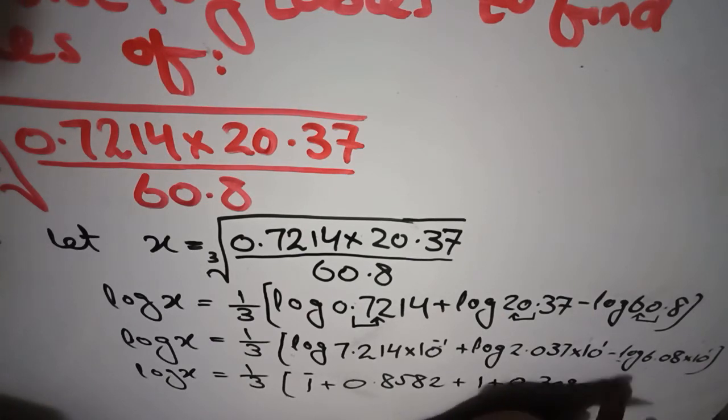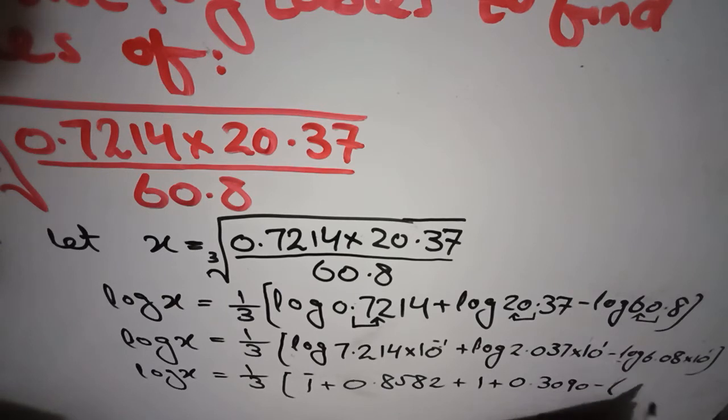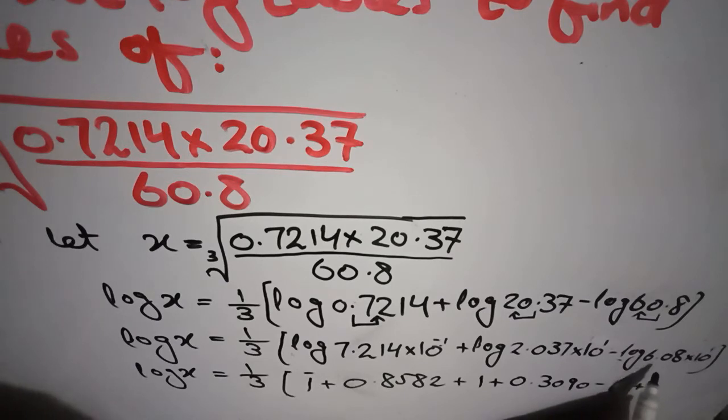Okay, let me write it in the bracket, that will be easy for you to understand. Characteristic plus the mantissa, which will be found with this value, that is the 60th row and the 8th column. You will get 0.7839, okay, 7839.